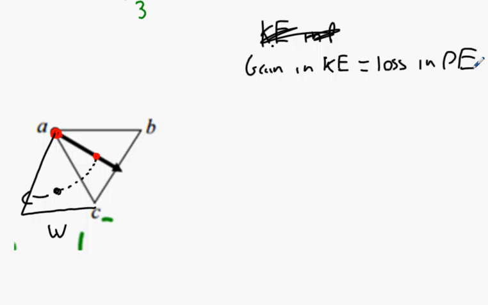Is it linear or rotational only? Rotational only. Rotational energy, if I'm correct with this, is a half I omega squared. Next thing after that is loss in PE, which is loss in potential energy. So how do we calculate the loss in potential energy?